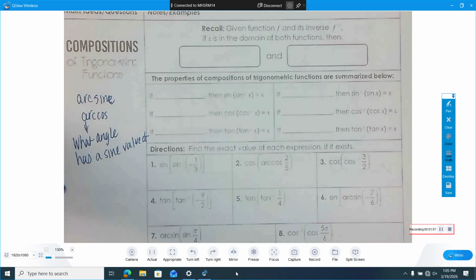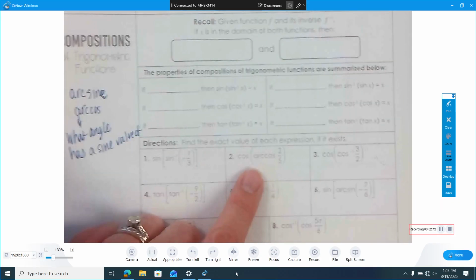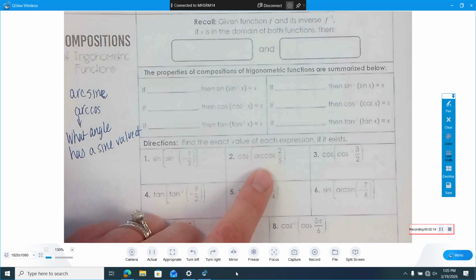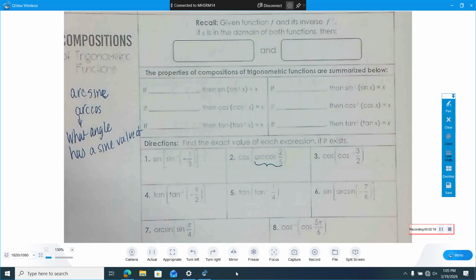And I just lost my voice. So what I'm going to do is show you, and I'll draw a little picture here. I'm going to start at number 2. When we have nested functions like this, we have to start with the inside-most things. So what I have here is this inside part.